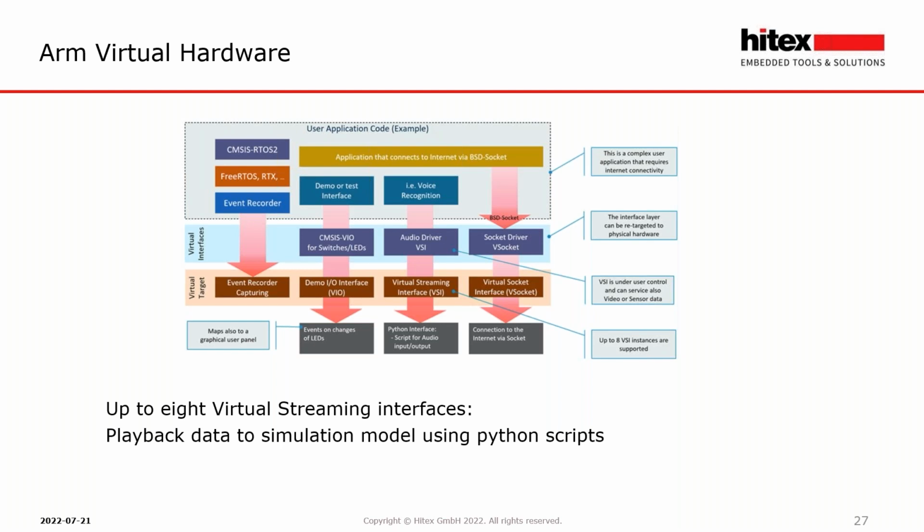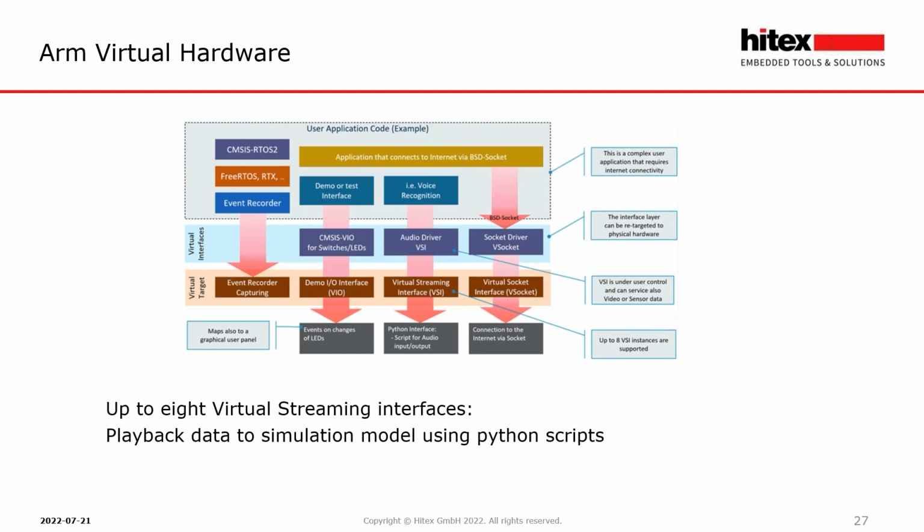Now, some newer approaches that are coming along is the Arm Virtual Hardware. Now, we'll be running some webinars on this in the near future, but to give you an overview of how this is used, simply, Arm have a number of CPU simulators for their Cortex-M3, M4, M7, etc. And these simulators have a subsystem built into them.